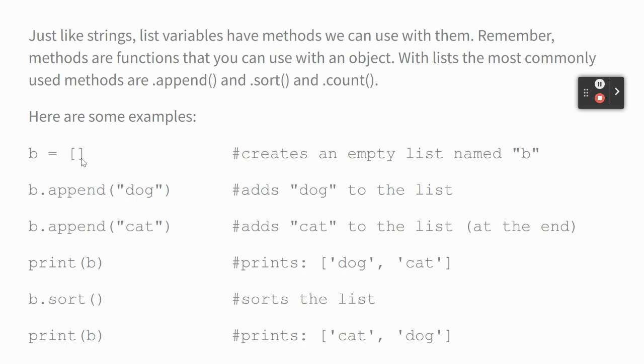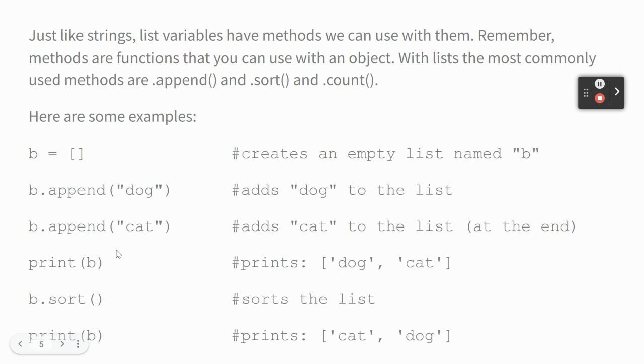When you just do square brackets with nothing in them, that makes an empty list. But it tells Python, we're going to put things in this list someday. And then the append command, it's really called a method, but we can call it a command. The append command or method adds whatever you put in the parentheses into the list. So I make an empty list. I say append dog, append cat, and it adds whatever you ask it to append. It throws it on the end.